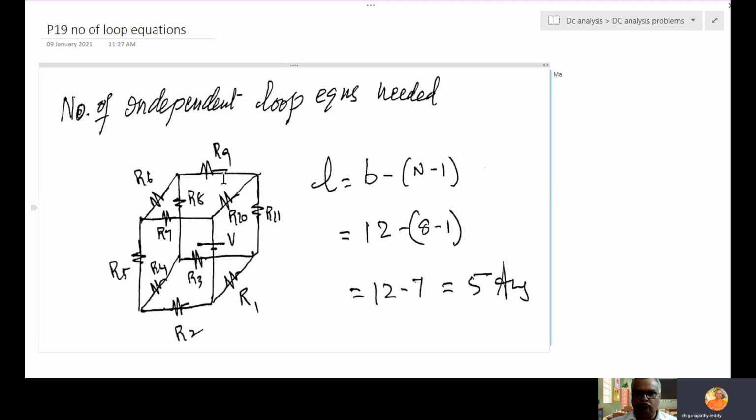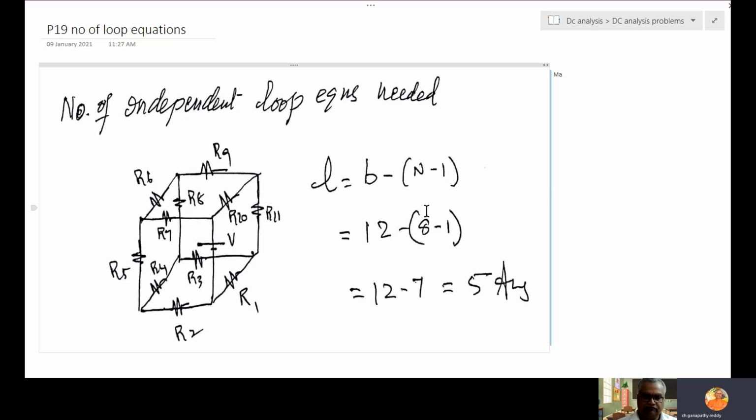The number of independent loop equations needed is based on the concept of graph theory. There is a formula readily available, that is L equal to B minus N minus 1.